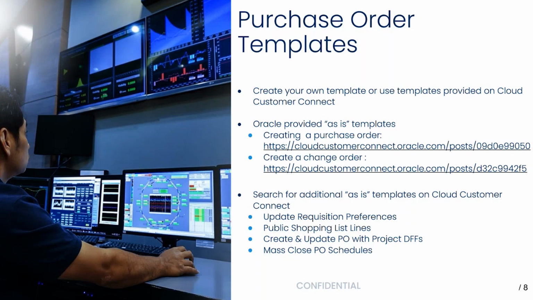You can certainly find additional templates on Customer Connect, such as updating requisition preferences, creating public shopping lists. The one that we're going to use today is creating and updating POs with project DFFs. There's also a mass close PO schedules, and I left one off of here. There's also templates available for creating and updating requisitions.